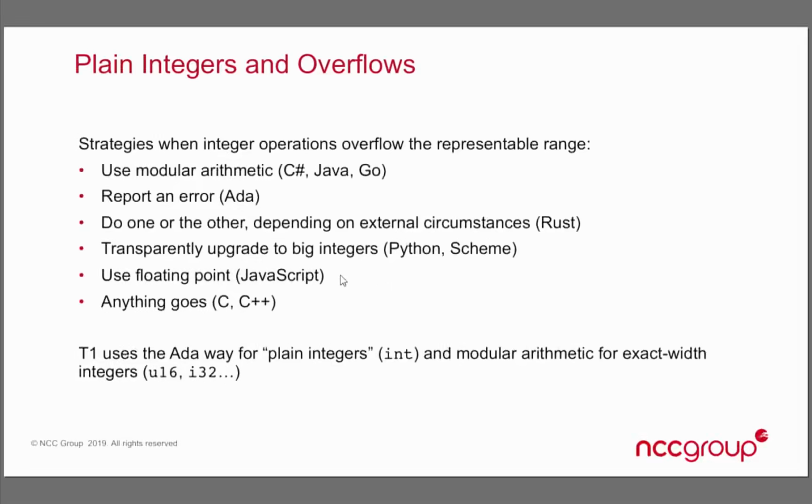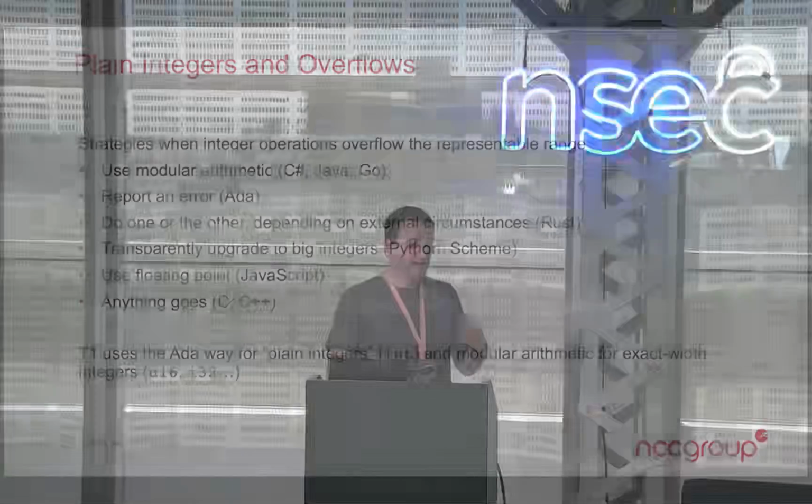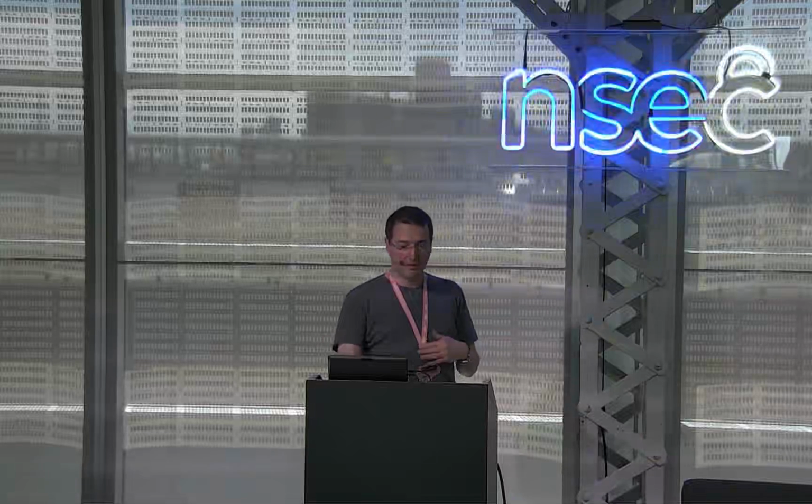So when they go out of range, they become approximate, and at some point they become infinite, which does not make for really strong code. And in C or C++, if you go out of range, it's undefined behavior, so anything goes. So I've chosen to use the other way because it seems to be the safest among these that don't require dynamic memory allocation.